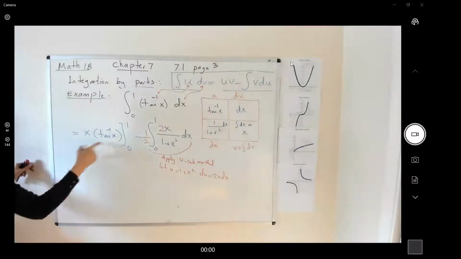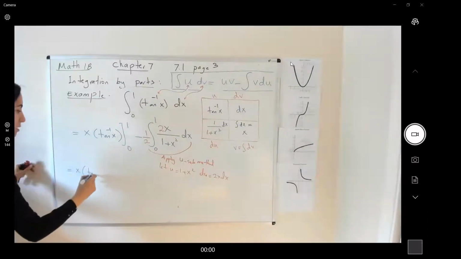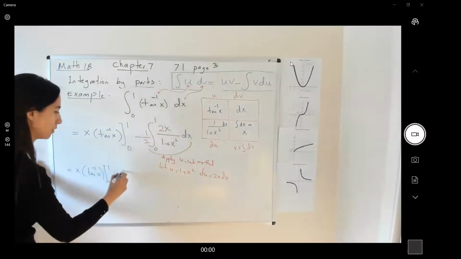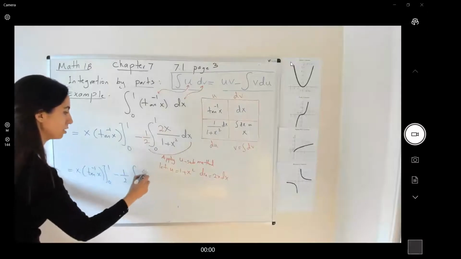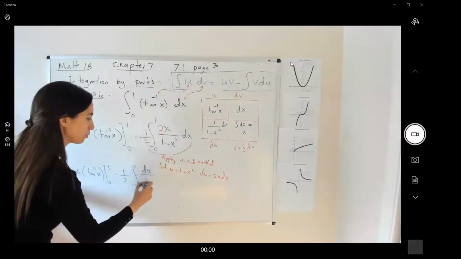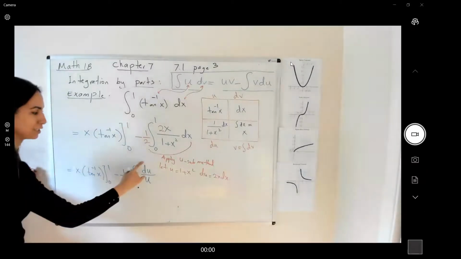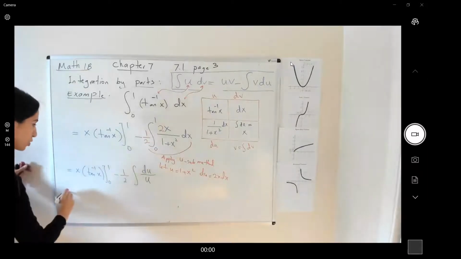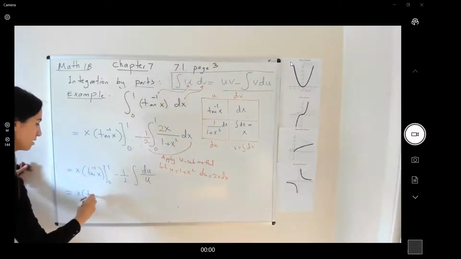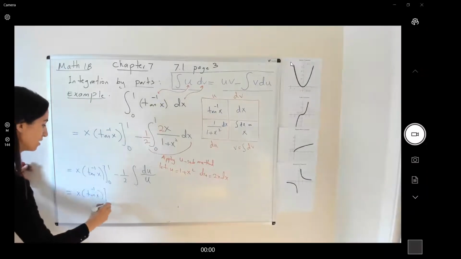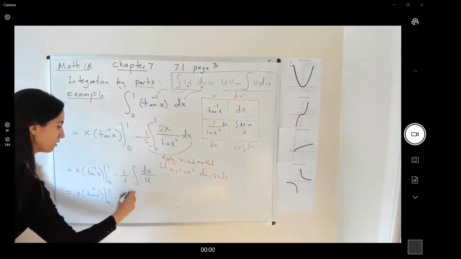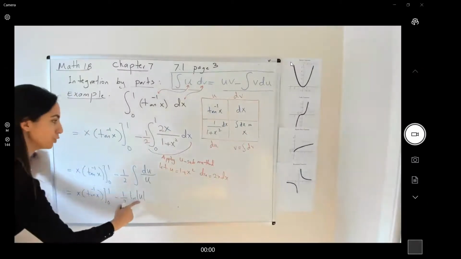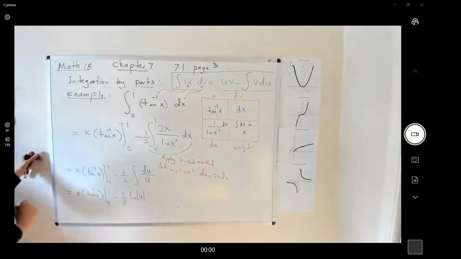We have, let us copy down this side, we're going to calculate it later. Inverse tangent x, 0 to 1, minus a half, integral du divided by u. You know that du divided by u is ln of absolute value of u. So this is x inverse tangent x, 0 to 1, minus a half ln of absolute value of u, and u is 1 plus x squared.